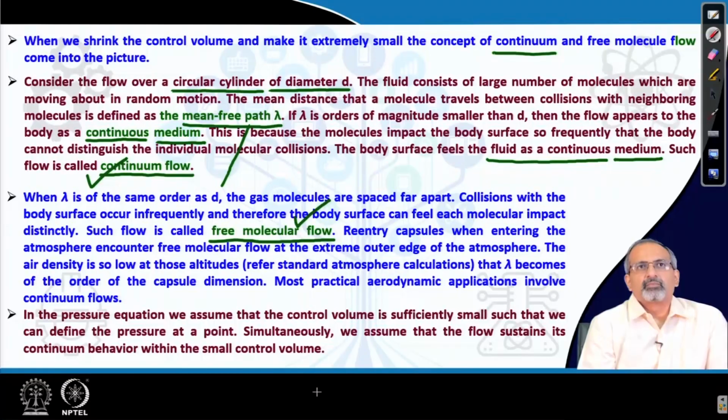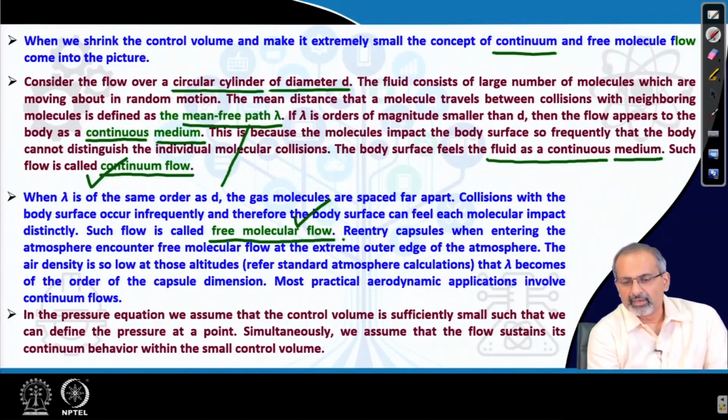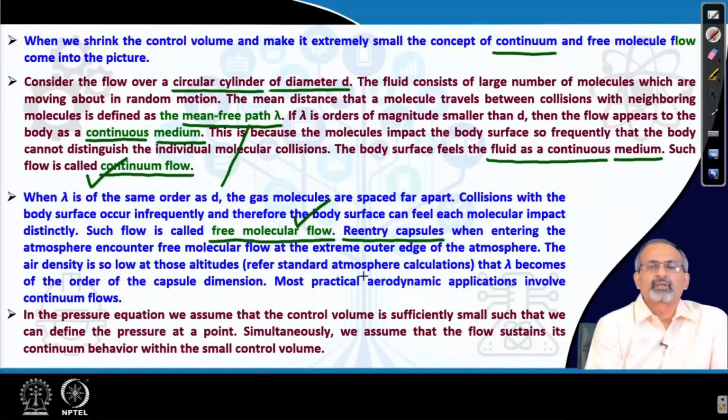Now, collisions with the body surface occur infrequently and therefore, the body surface can feel each molecular impact distinctly in a free molecular flow. In aerodynamics, we know that there are re-entry capsules which enter the atmosphere when they complete a space mission and are coming back to the earth.